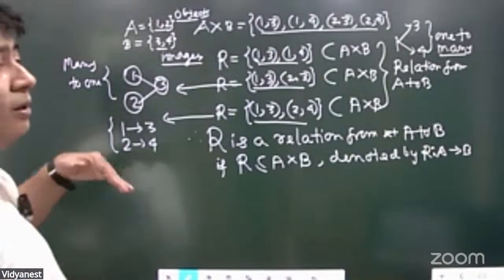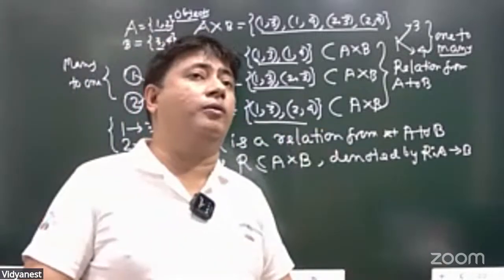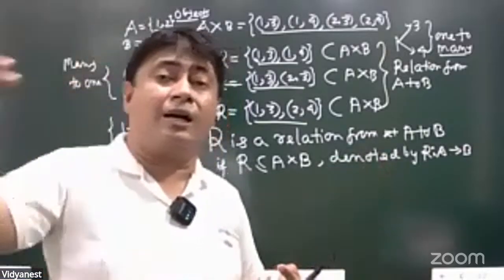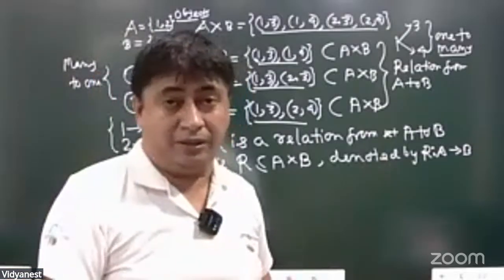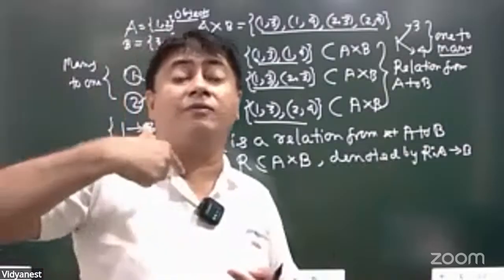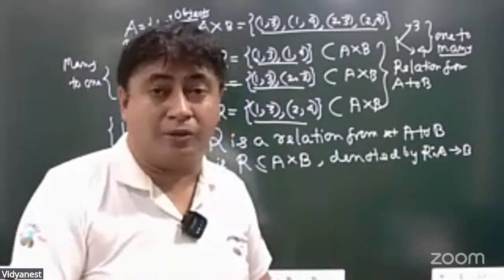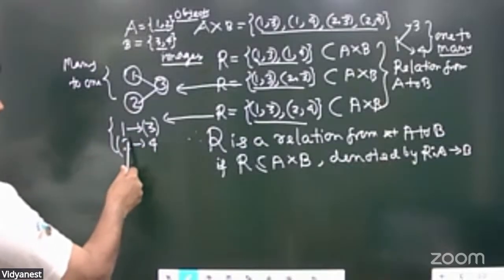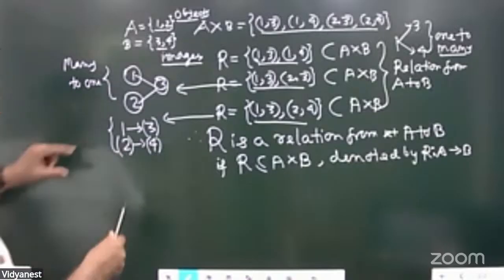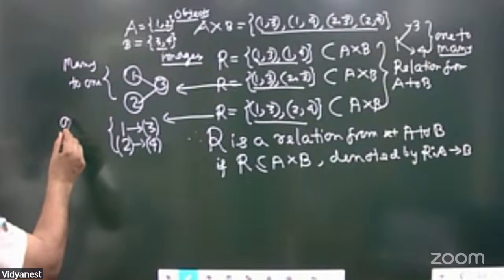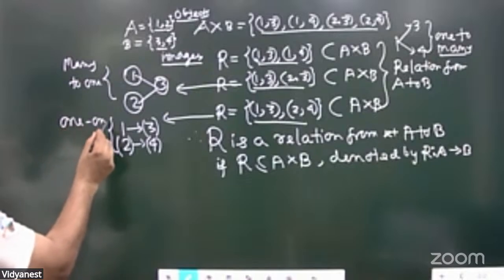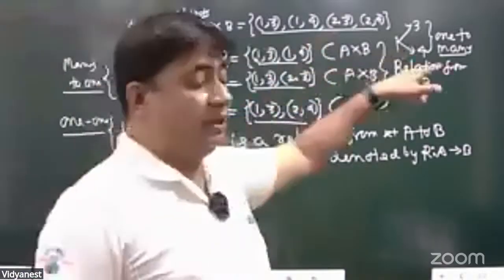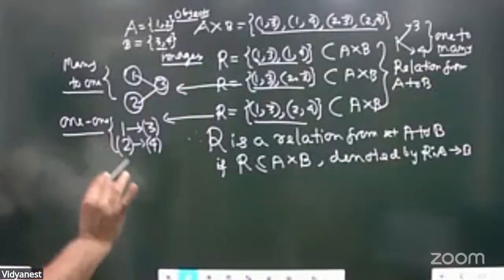Suppose you are not satisfied with your school teaching, then you hire one teacher who can come and teach at home, one to one. Sometimes guardians ask, sir, please give my child one to one coaching. Suppose the physics teacher is teaching this boy, the chemistry teacher is teaching this girl. So one to one. Yes or no? This is called one to one. It is many to one. It is one to many. So these types of relation we get.